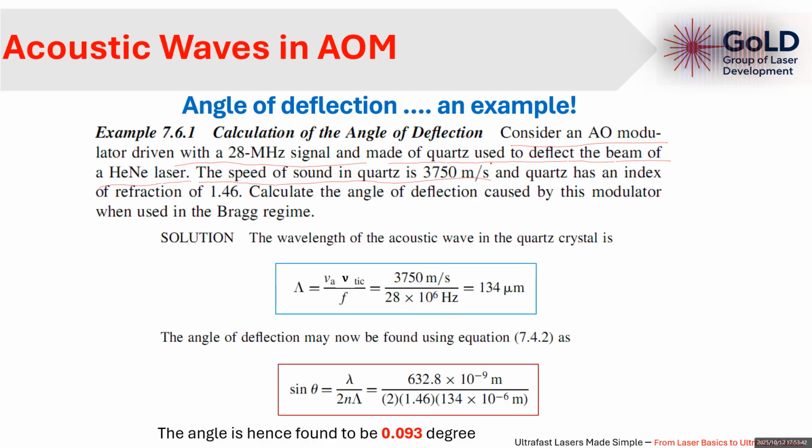And the refractive index of the quartz here is 1.46. So what we are supposed to calculate is the angle of deflection caused by the modulator when used in a Bragg regime. So this is the formula, and this is the RF frequency here.